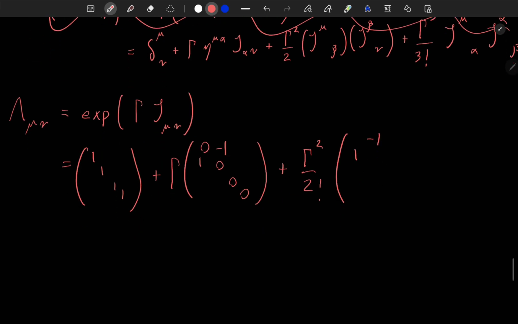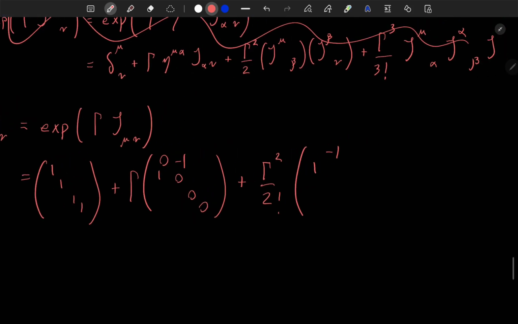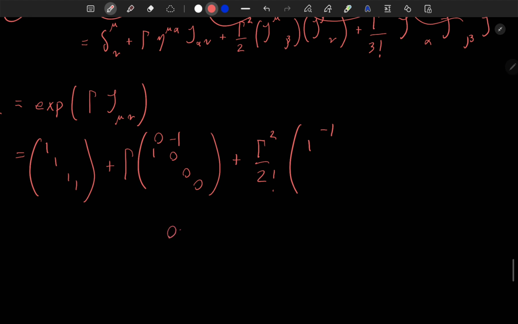Now let's evaluate this matrix squared. Notice that these components won't do anything. So it's going to look like this matrix multiplication. I'm no whiz at multiplying matrices, so I'm going to do it out nice and boring. Is that correct? I believe so.